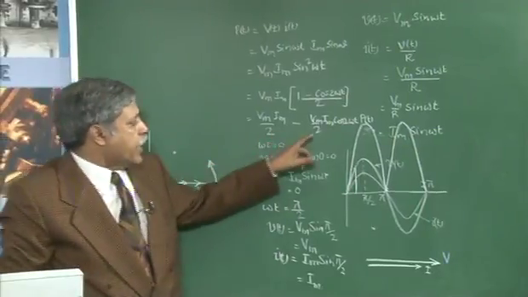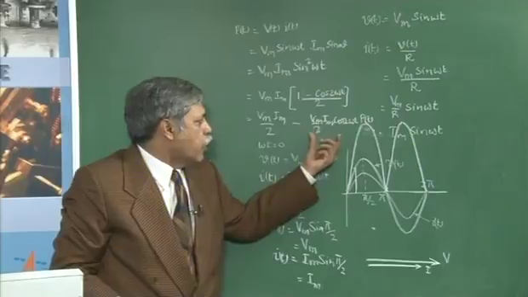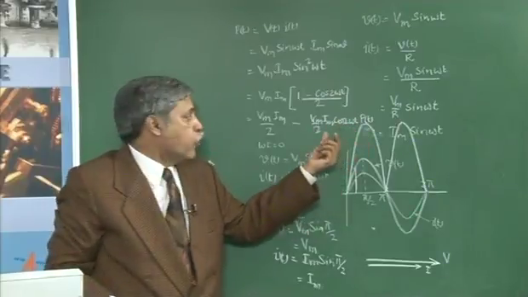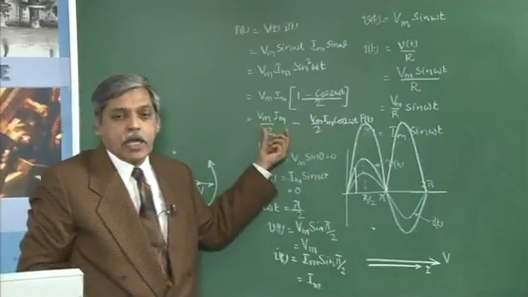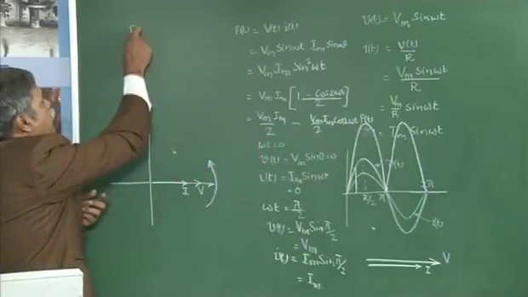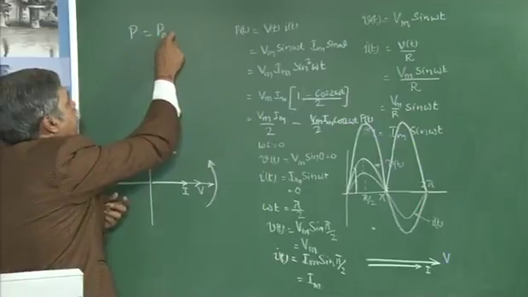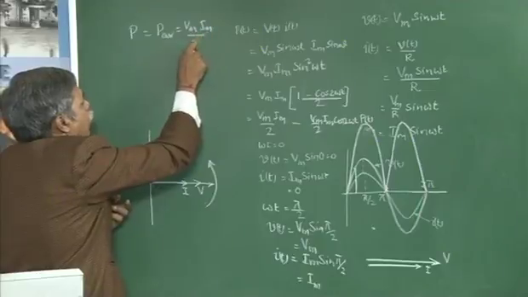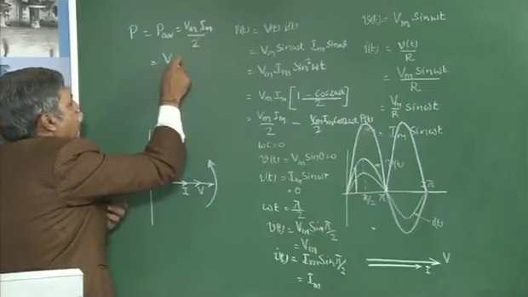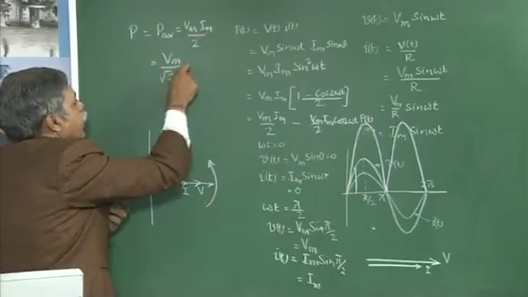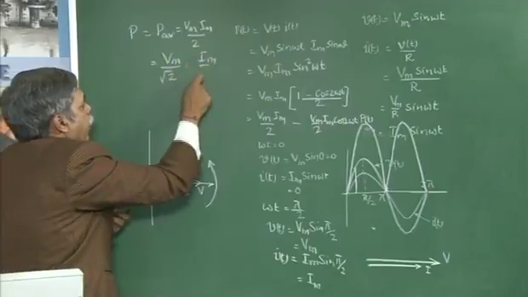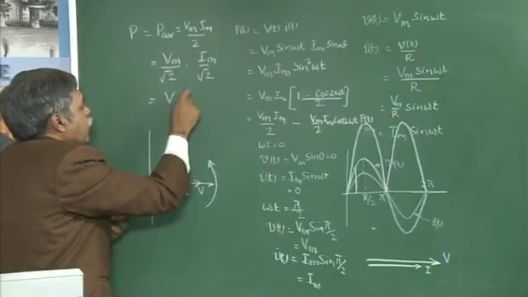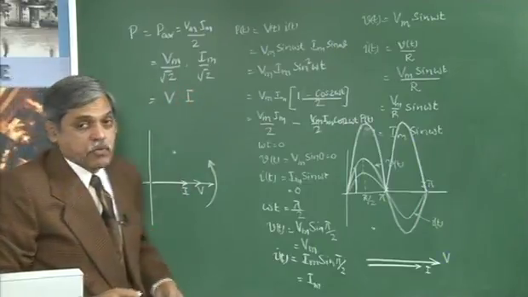When I integrate the second term over the full period, the integral of cos 2 omega t tends to 0. Therefore we are left with only the first term, so the average power P is equal to Vm Im by 2. Writing this in terms of RMS value, Vm by root 2 and Im divided by root 2, I can write this as V, the RMS value, multiplied by I, the RMS value of the current.